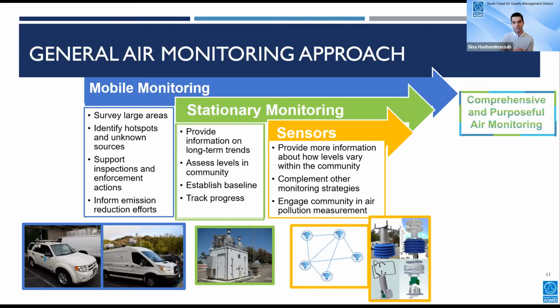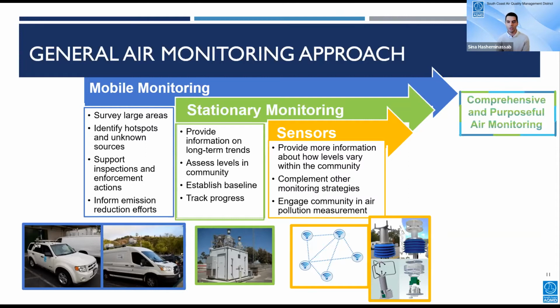Once the areas of concern have been identified, or the areas with persistently high levels of air pollution, then we can follow up with stationary monitoring. We can deploy our stationary monitors there to assess the levels over the longer term, and also to characterize emissions from the identified suspect facilities.